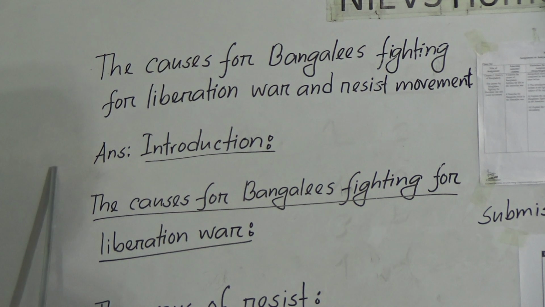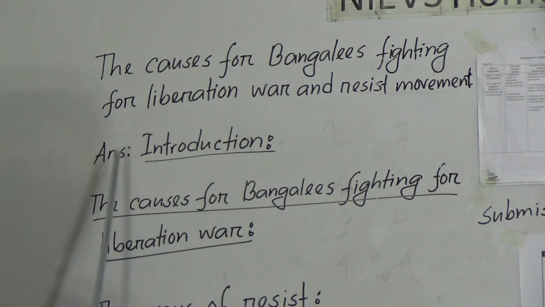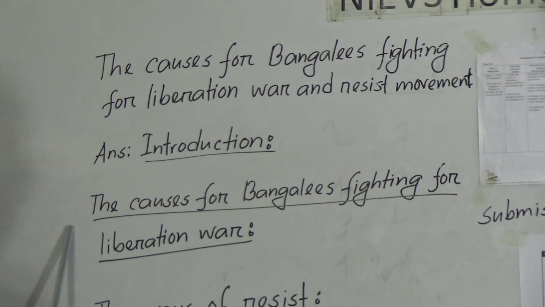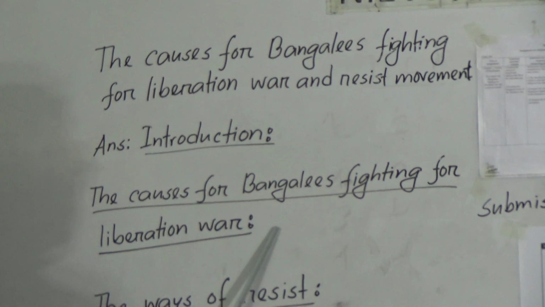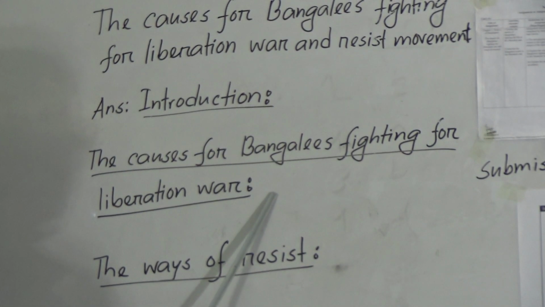Second, you will start the answer like this: answer, then you will write the introduction first. Then again write a para like this, write a headline: the causes for Bengalis fighting for liberation war. Write the headline, underline it and describe. You have to write at least 4 causes for Bengalis fighting for liberation war, as I have said before.